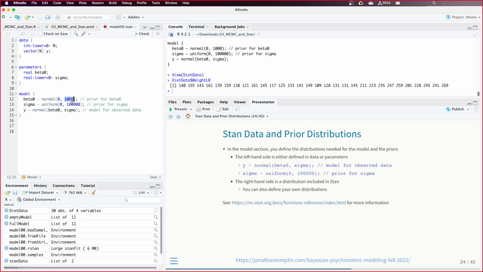Choice of prior for linear models is somewhat difficult. For latent variable models, it's actually a little bit easier. But the reason why the choice of prior for linear models is difficult is because of the scale of the variables themselves. Each of our parameters is going to have something to do with the scale of either the outcome, the predicted value, or a ratio of units of the predicted value per unit of a predictor, the slope.